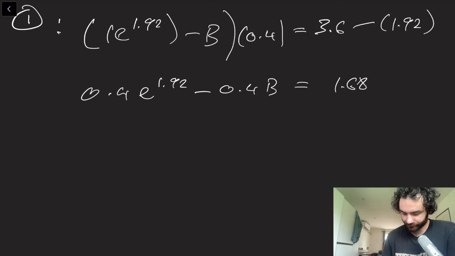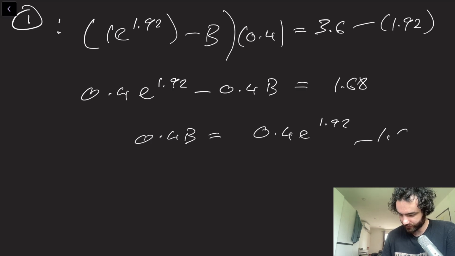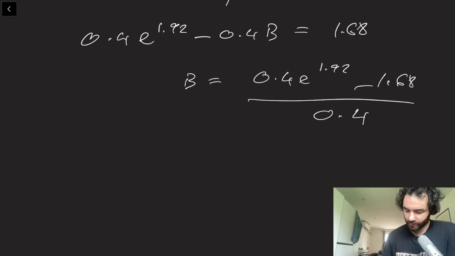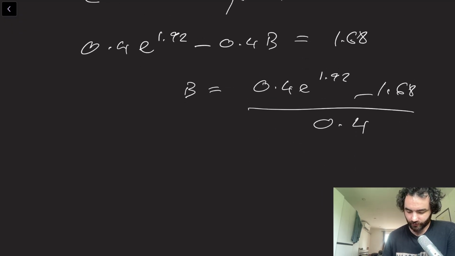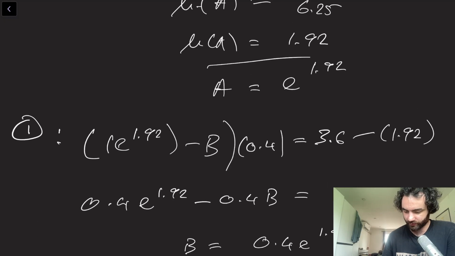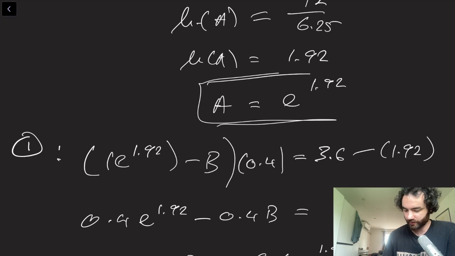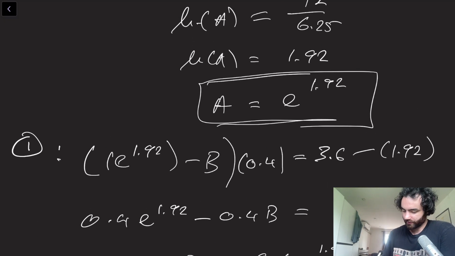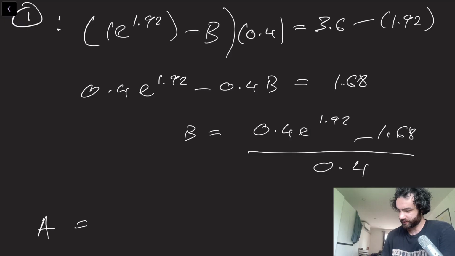Which gives you 0.4b equals 0.4 e to the 1.92 minus 1.68. So divide by 0.4 on that side, and you get b. So our a, if you just plug this exactly into your calculator, shift e to the power of 1.92, is 6.82.